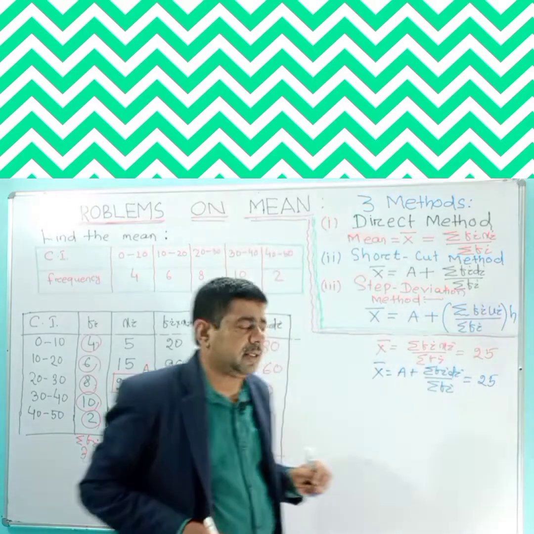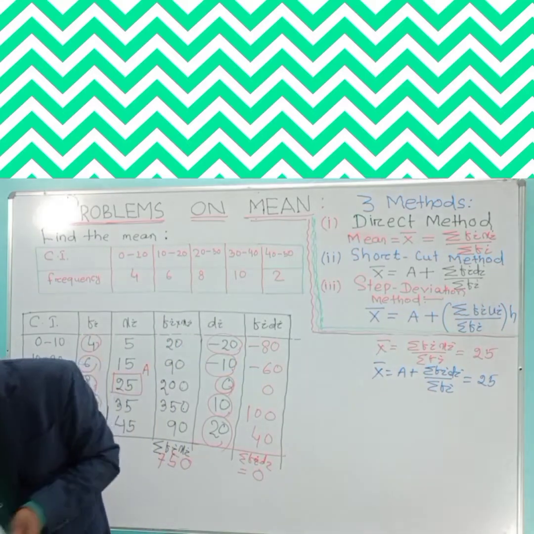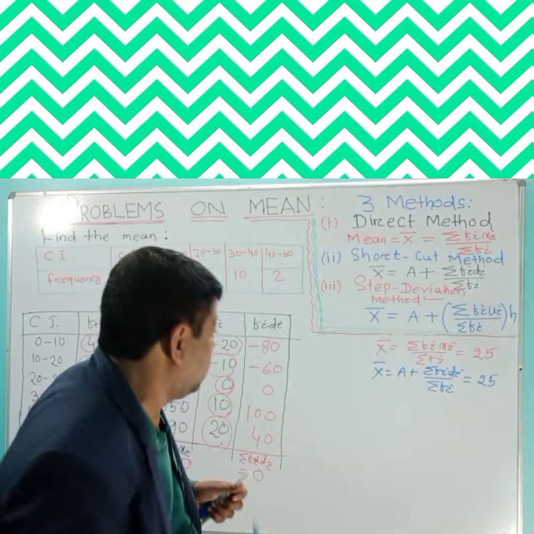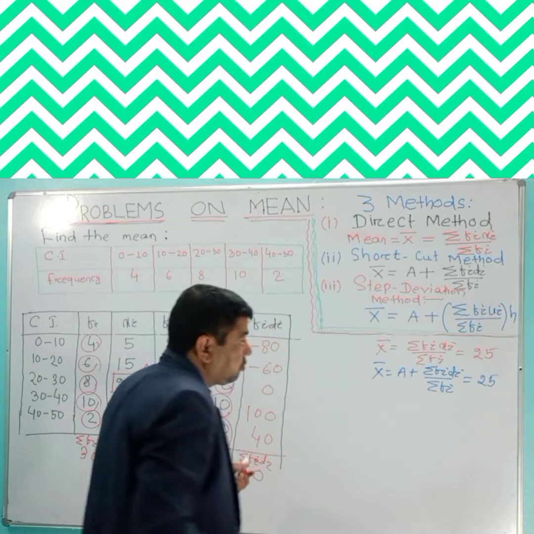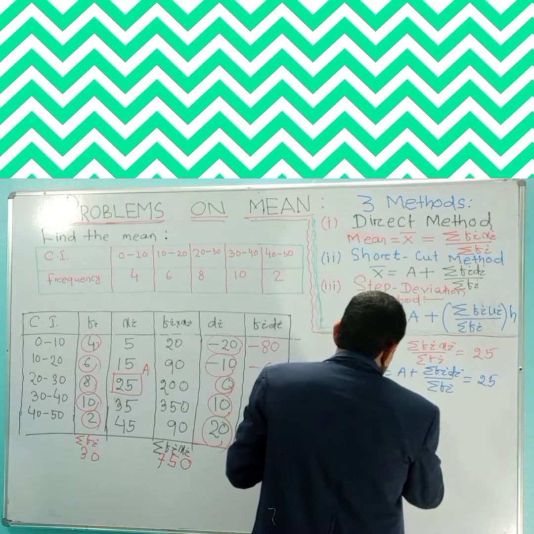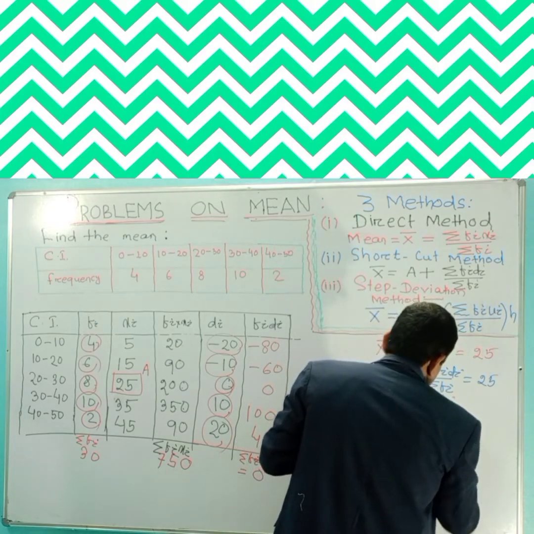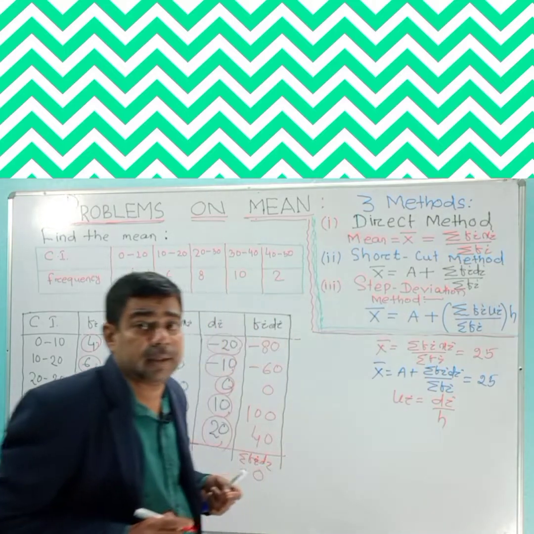h is the class size. Here another term is coming, that is ui. What is ui? How to find out the ui value? Yes, ui means di, the deviation, divided by the class size.